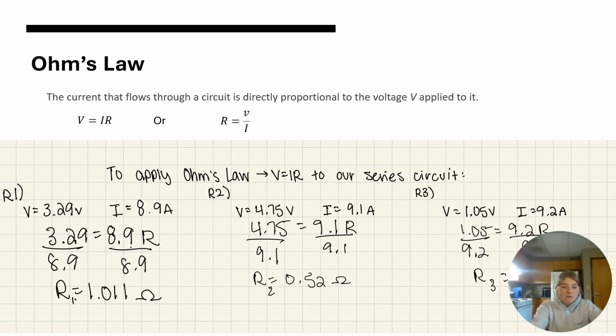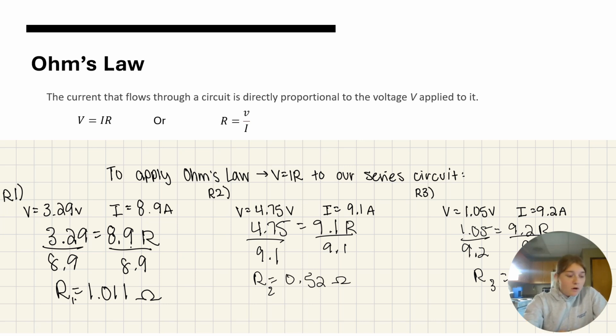Moving variables around, we then can move from V equals IR to R equals V over I. So I just changed the variables using simple algebra. I did calculations to find the resistance of each resistor using the measured values from earlier.